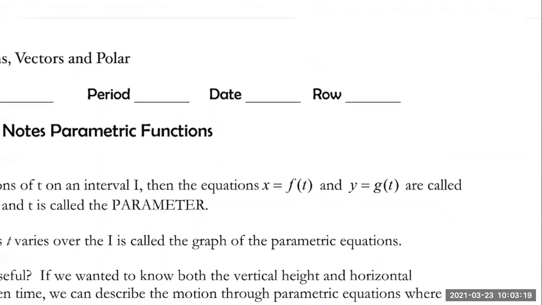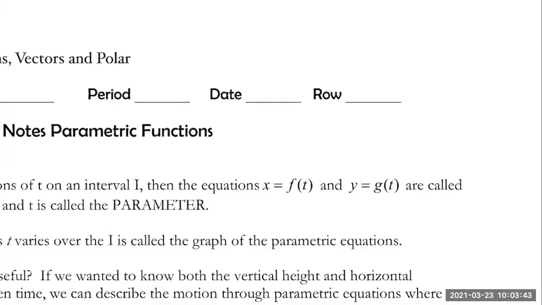Why do we study parametric equations? Parametric equations allow us to describe a situation in which we want to introduce a third parameter. In most cases, this third parameter is time. So for example, if I want to describe the motion of a ball, it's parabolic in shape, then you have a horizontal displacement and a vertical displacement.